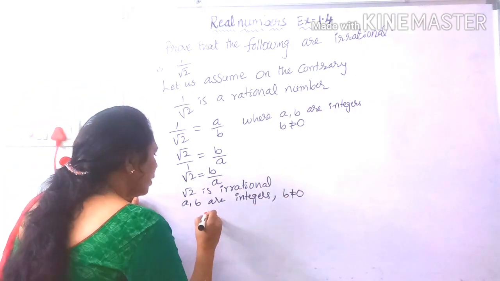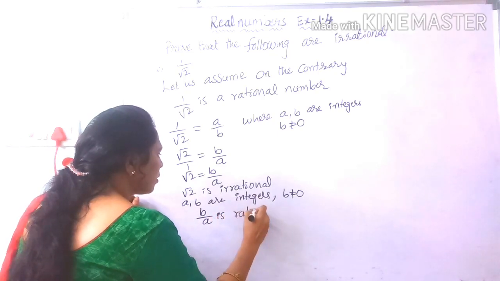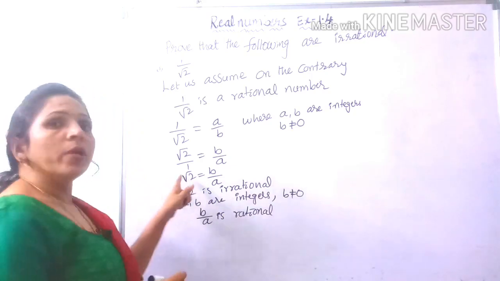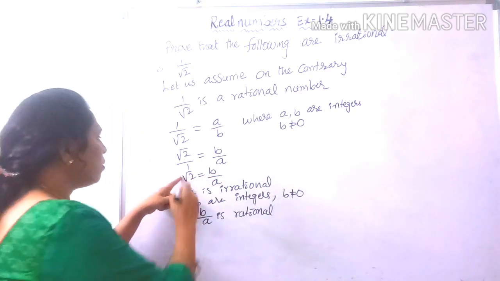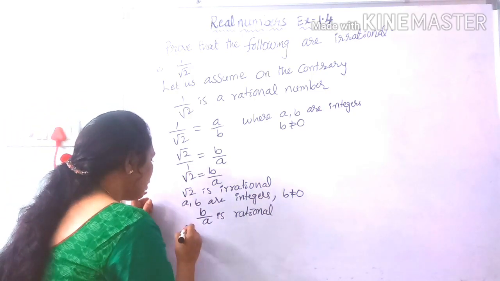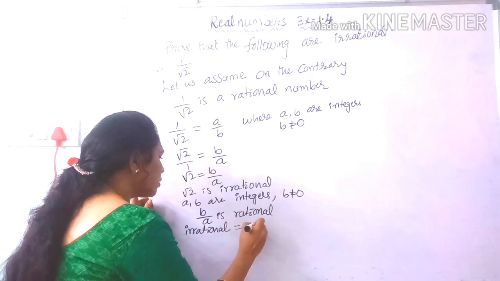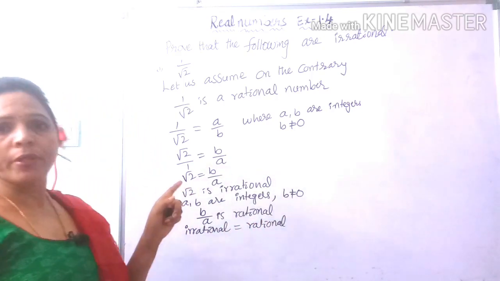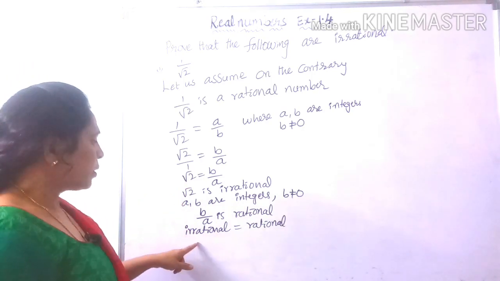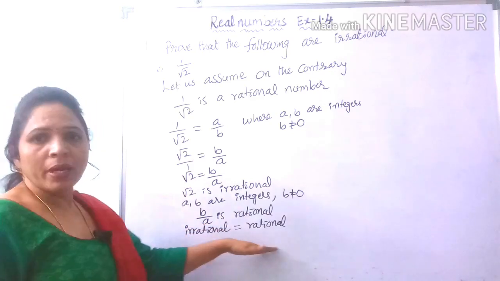So b by a is rational. Root 2 is irrational number and also b by a is rational. So irrational is equals to rational. It is not possible. So an irrational number cannot be a rational number.